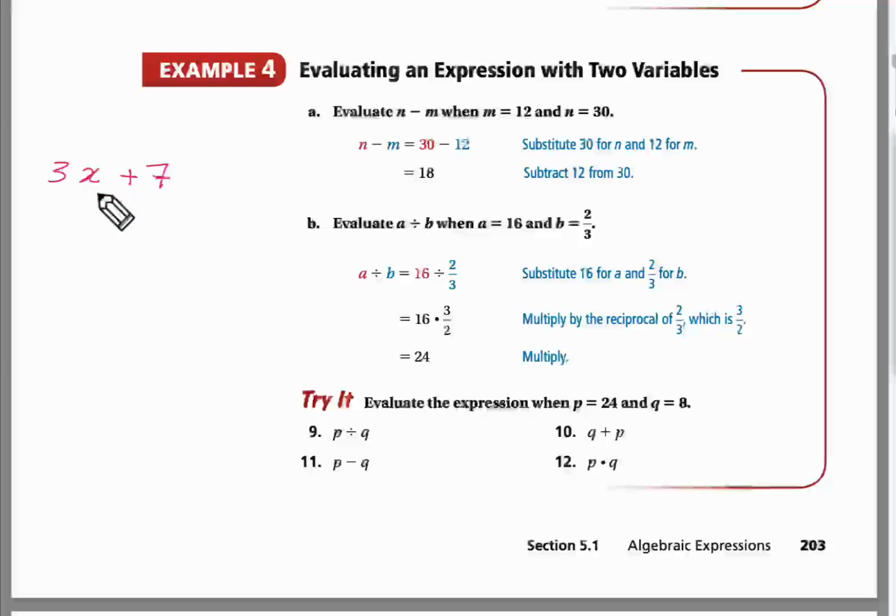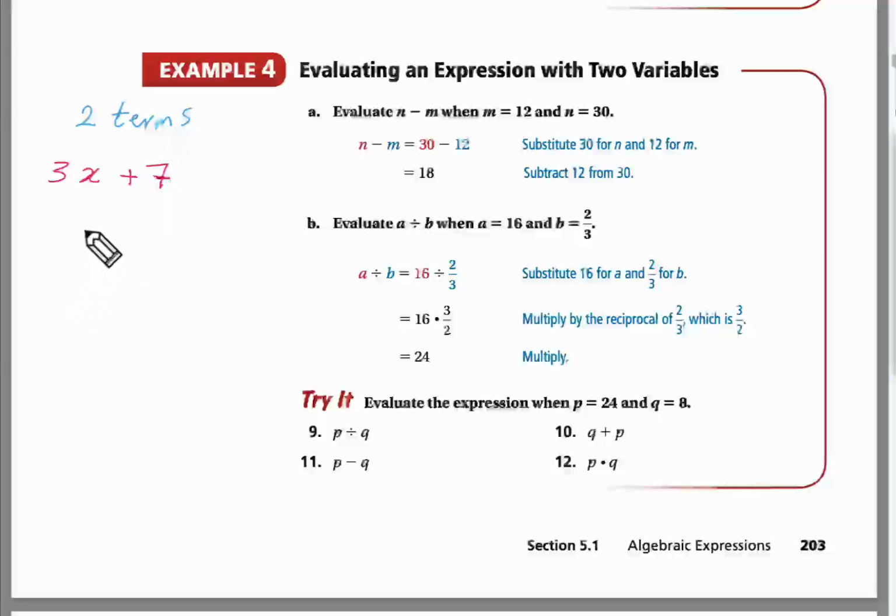This is an algebraic expression. How many terms? We have two terms. 3x is a term and 7 is a term. So we have two terms.